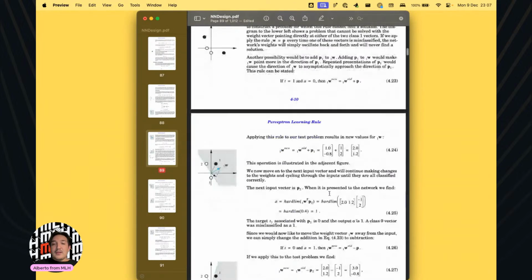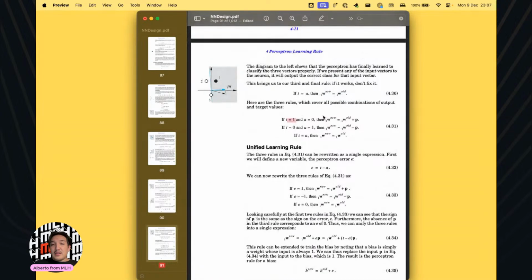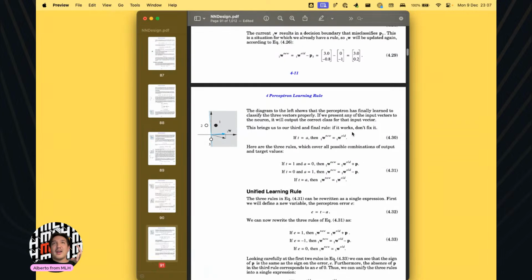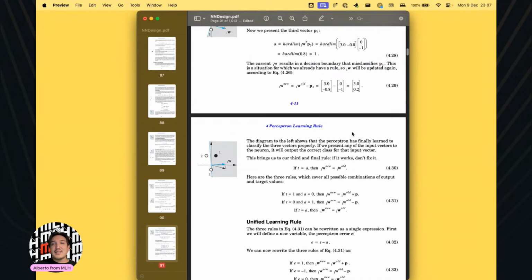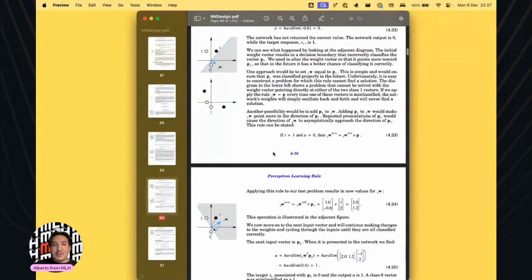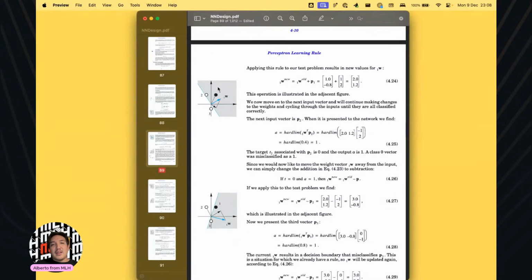Now, if the target is 1 and the output is 0, that means we're wrong, then we adjust the new weight matrix by taking the old weight matrix and adding the vector we used as the input, as we explain in the images.